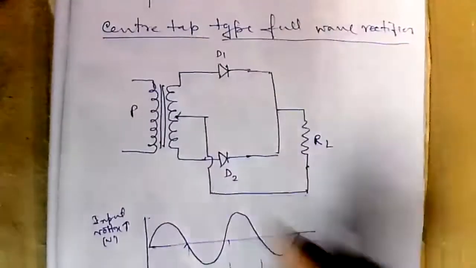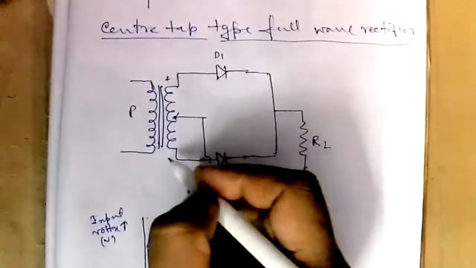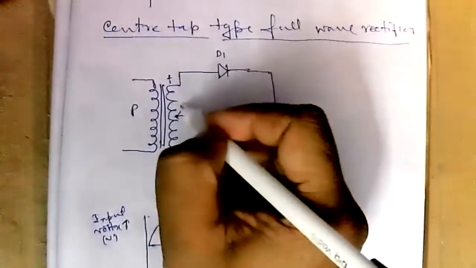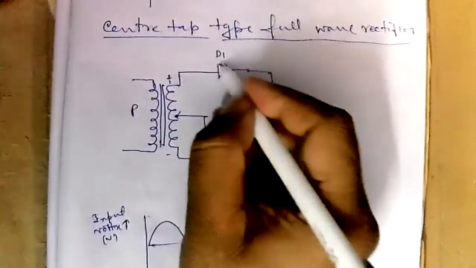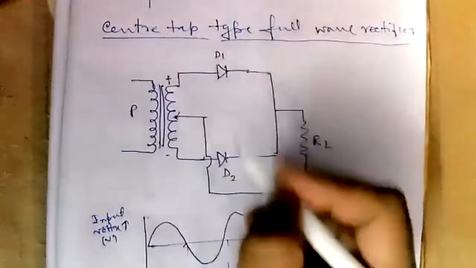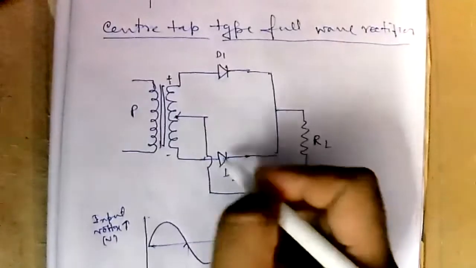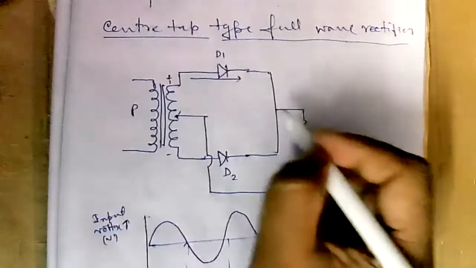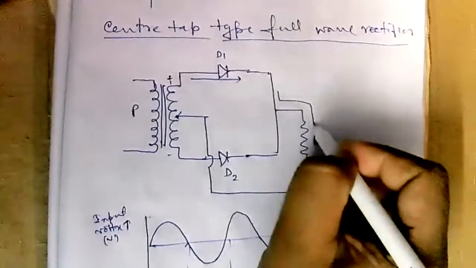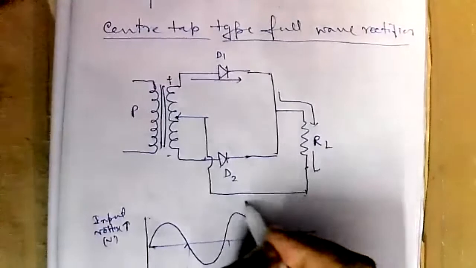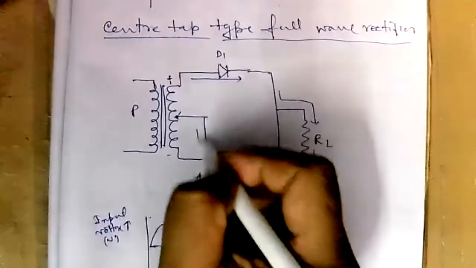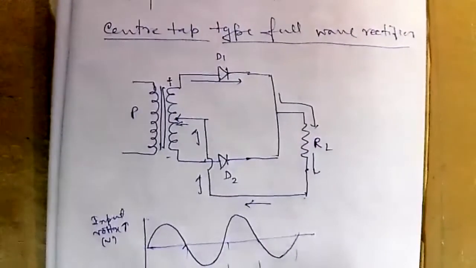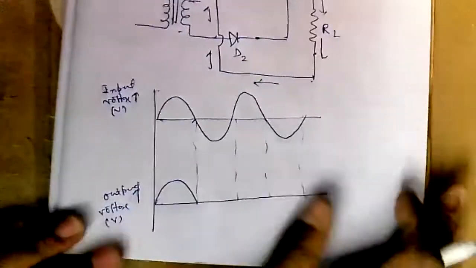So say during the positive half cycle, first half cycle, this upper end is positive, the lower end is negative. So what will happen? The P end of diode D1 is connected to positive terminal, but the P end of diode D2 is connected to negative terminal. So D1 will conduct and current will flow through the load resistance, and you will get a voltage in the output.